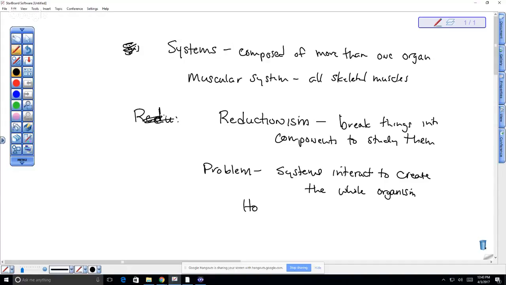So a more holistic viewpoint is looking at systems together. And when we do that, we see that we get what are called emergent properties.